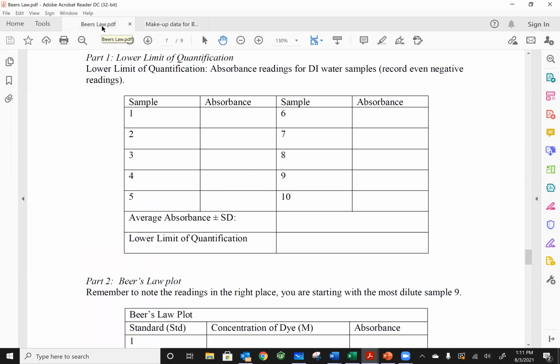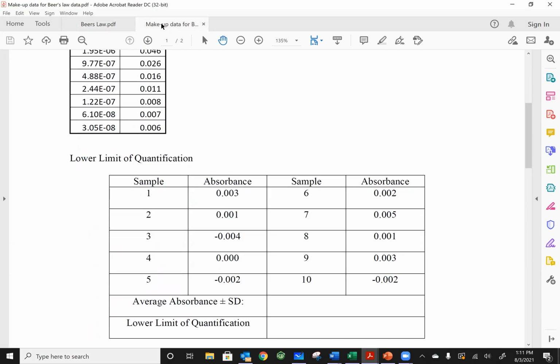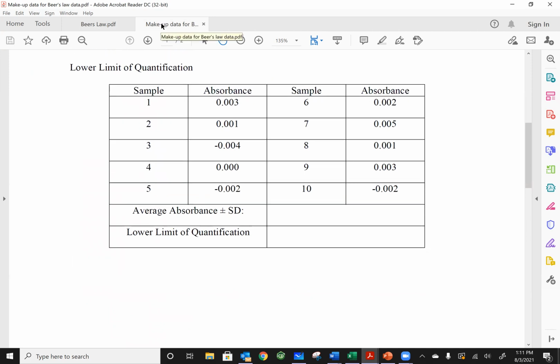All right, so our lower limit of quantification data is this here. So we've given you all the readings. The only thing you need to do is find the average absorbance. So take the average of these values and find the standard deviation. And the lower limit of quantification should be that average, I believe.